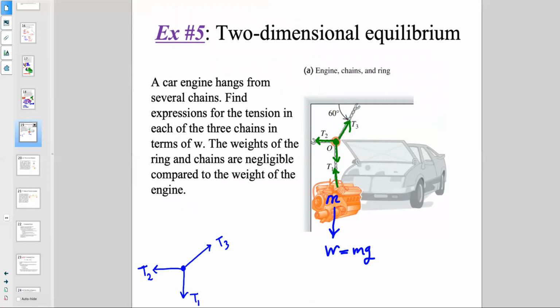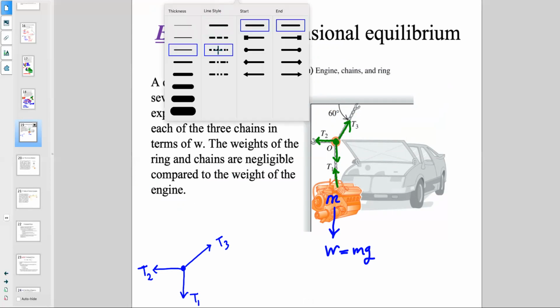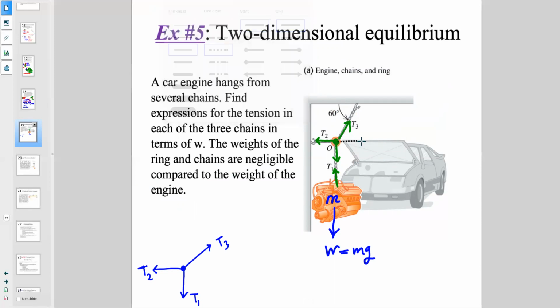If I continue this angle, if I can just show you what I mean by that, if I can continue this, then I can show you that this angle is also 60 degrees, okay?